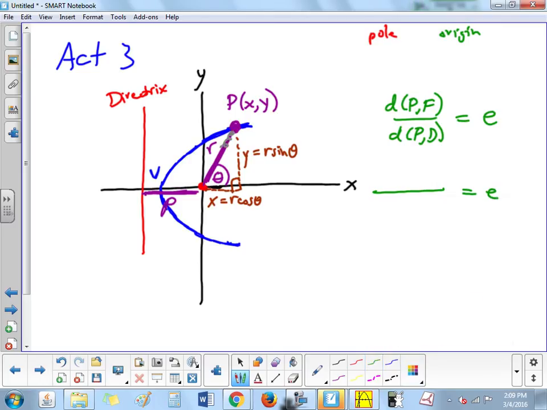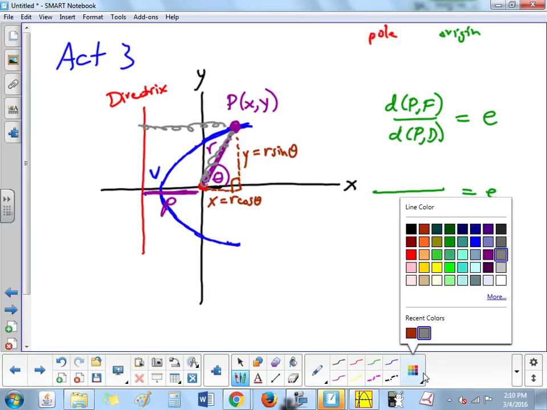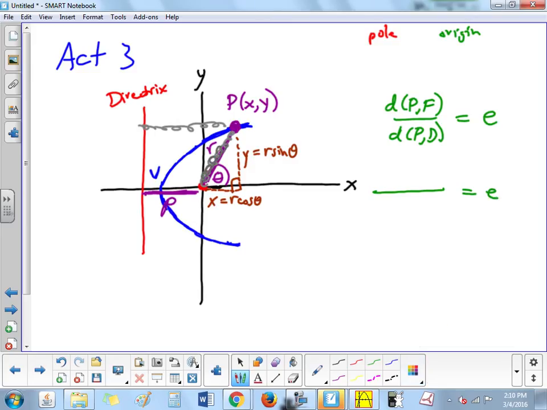I want to know this distance and this distance. Can you guys see that gray? I'll make it a little bit darker gray. So I need these two gray distances. You're going to put them in, top and bottom here. All right? And then we'll have our polar form of a conic. Okay, let me pause the recording.